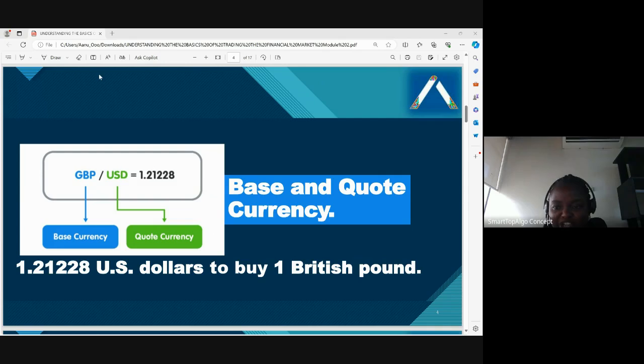Am I sharing a whiteboard? Can you see a whiteboard? I want to share a whiteboard, then give another illustration. If you can see it, please just put yes on the chat box.